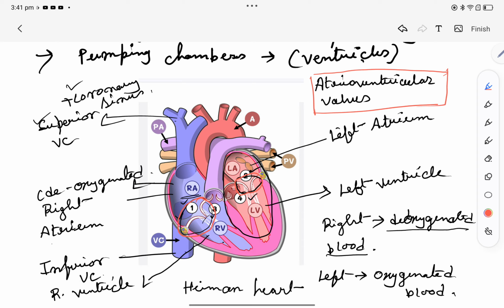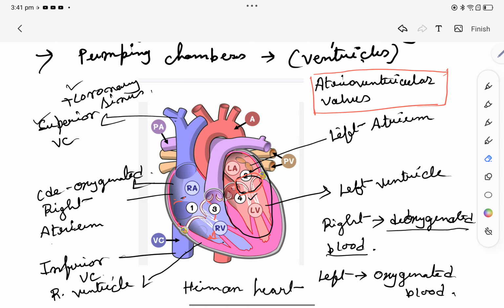They help to stop the backflow of blood from ventricle to atrium. Remember, blood is supposed to travel from atrium to ventricle. From atrium to ventricle it will travel. So these atrioventricular valves stop the backflow of blood.